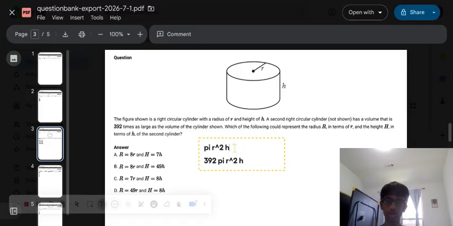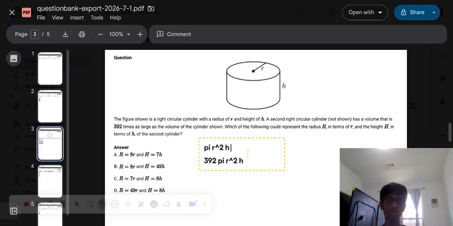So now what we need to do is figure out if we substitute in 8r, 7r, or 49r, or whatever value here for r, and we do the same thing with h, which one of them will have 392 as a coefficient?